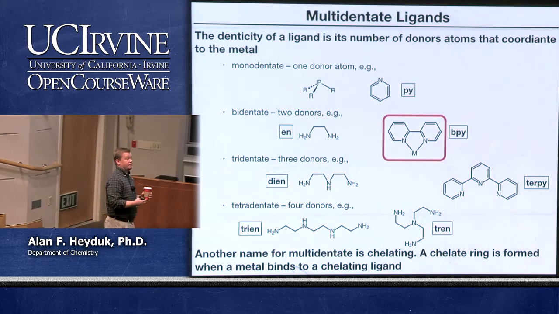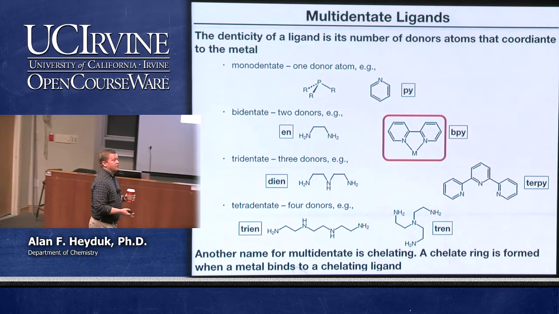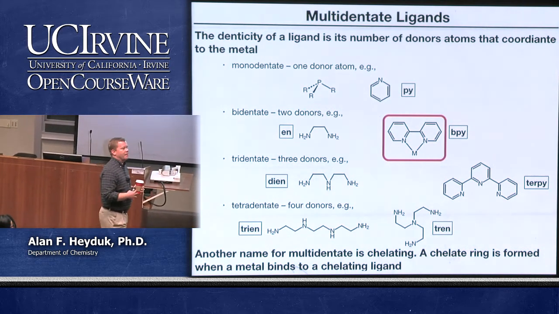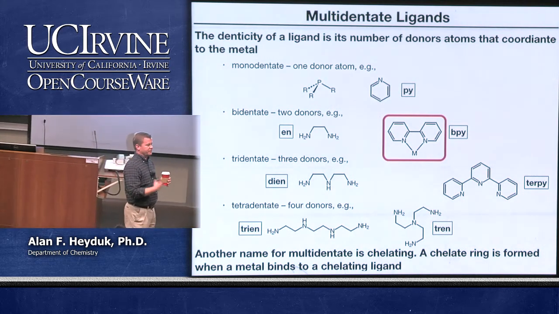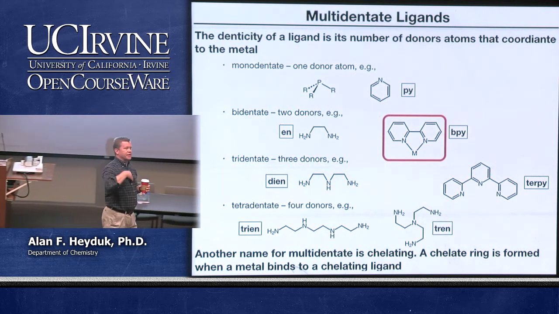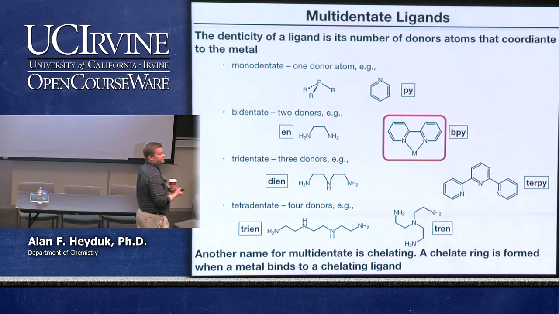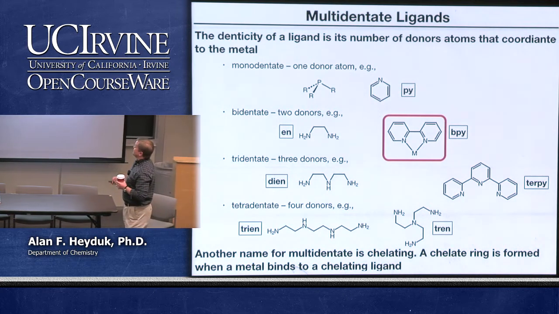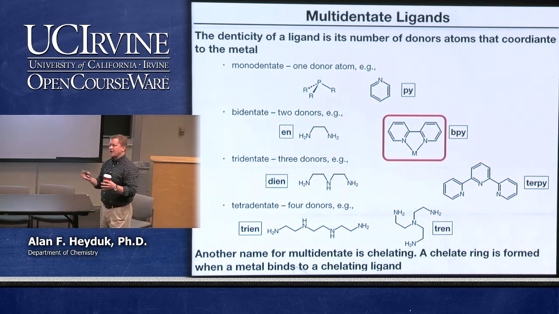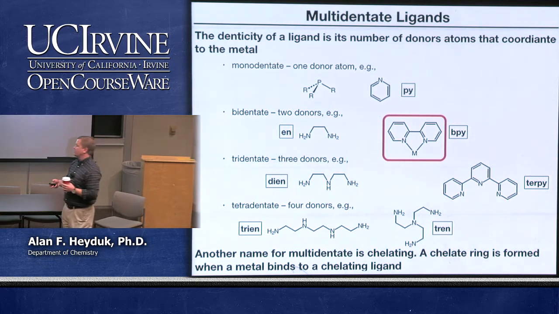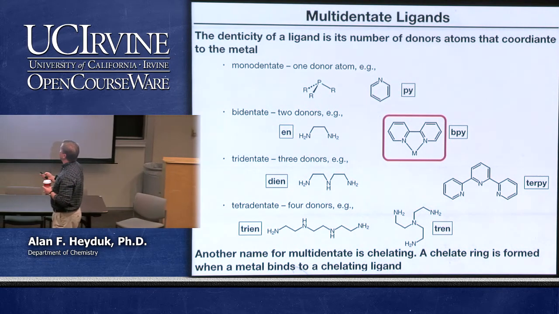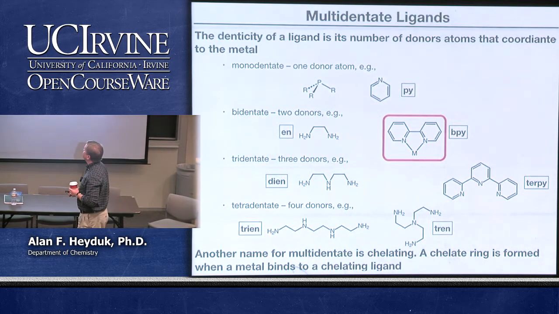Just like in organic chemistry, in inorganic chemistry, 5-membered rings are highly favored and very stable. 5-membered rings and 6-membered rings are the 2 best ring sizes for binding a ligand to a metal. When you start to get 7-membered rings and so on, it becomes significantly less favorable.